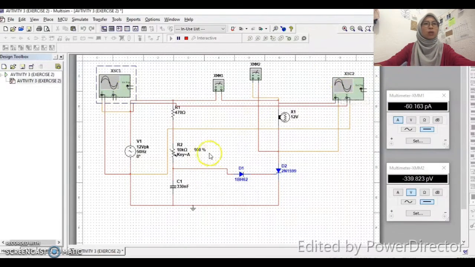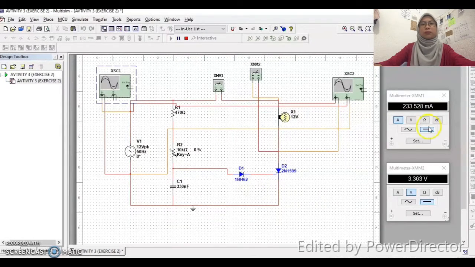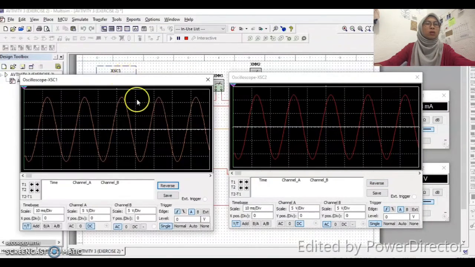Okay, so we start with 0% of delay angle. We got a V out of 3.362 volt, and for I out we got 233.52 milliampere. And then we also see the waveform.